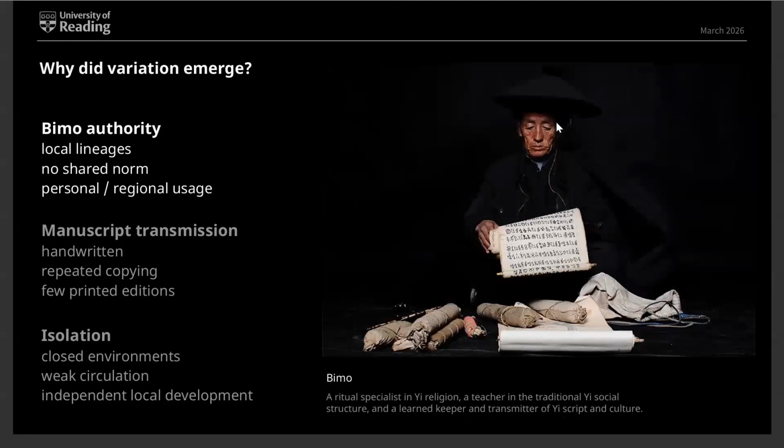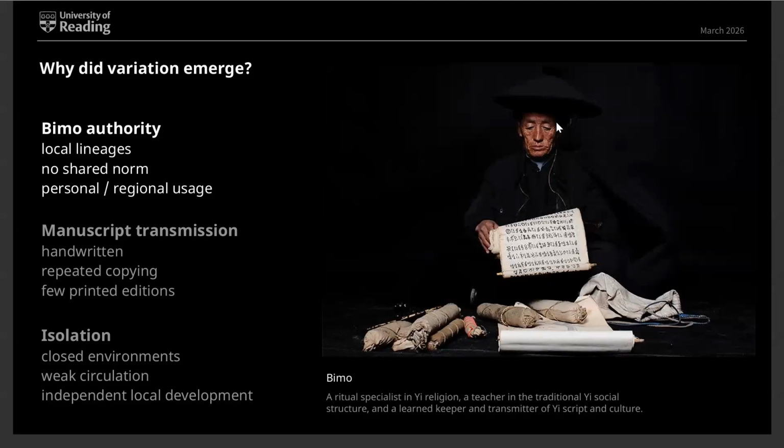This brings us to the question of why variations became so extensive. Here, I summarize the main reasons under 3 headings: Bimo authority, manuscript transmission, and isolation. First, I will briefly explain the role of the Bimo. The Bimo is a priest in the traditional religion of the Yi people, as well as an important transmitter of Yi culture and leader of ritual practices.